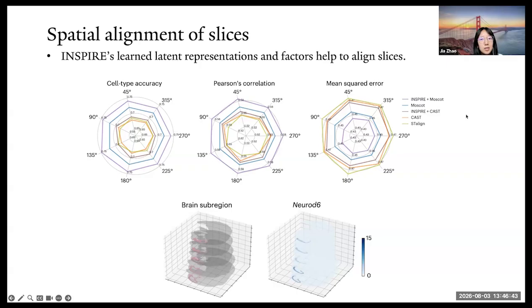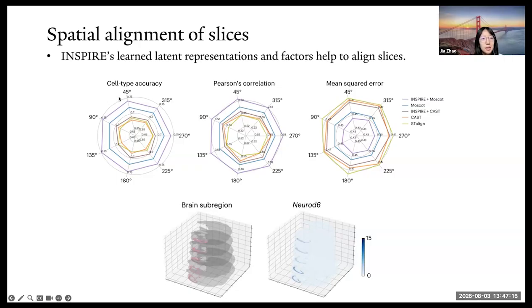There are different methods, all very good, like Moscot and CAST, for the non-rigid transformation to physically align those sections. Without going into detail, their idea is to either use principal component analysis as representation or use embeddings from scVI or their own neural network, and build upon that to make some physical alignment across different sections.